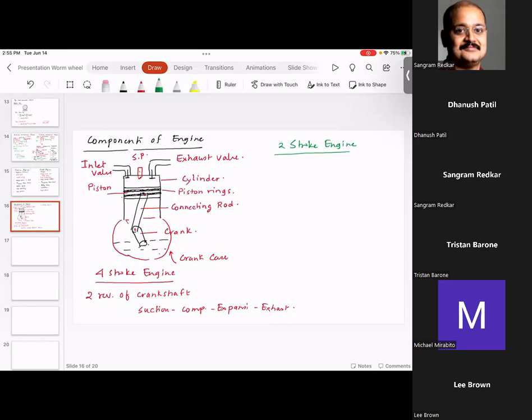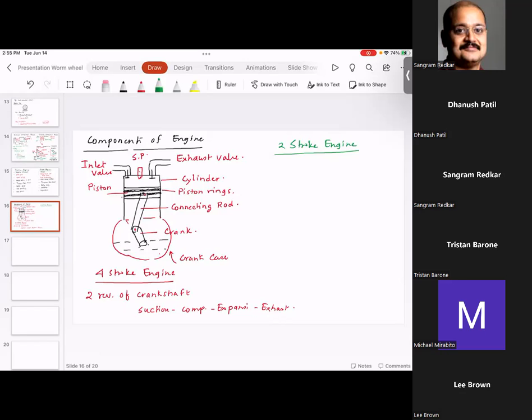In a 2-stroke engine, out of these suction, compression, expansion, exhaust, two of the processes are performed in half a revolution of the crankshaft, and two of the other processes are performed in the other revolution of the crankshaft.